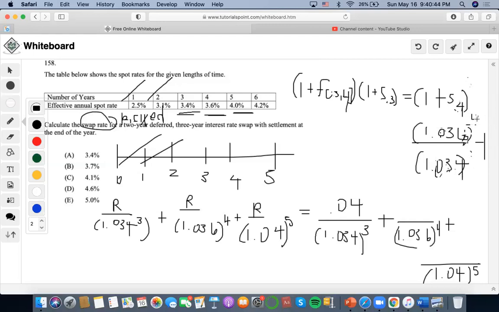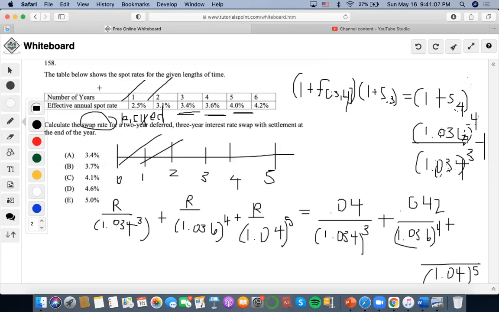So it's going to be 1.036 to the 4 divided by 1.034 to the 3, and then subtract 1, and we're going to get 4.2% as the forward rate. So 0.042.